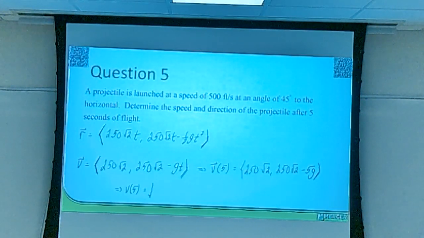What's 250 squared? 25 squared is 625. 10 squared is 100, 625 times 100 would be 62,500, right? Double that, because I'm also going to have another one right there. Oh, I'm sorry. Double it and then double it again.